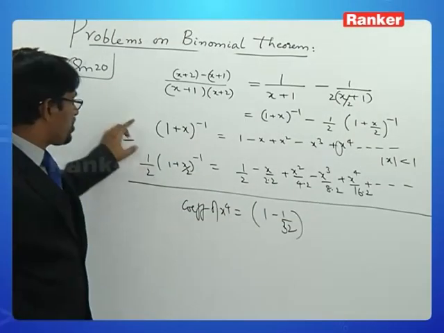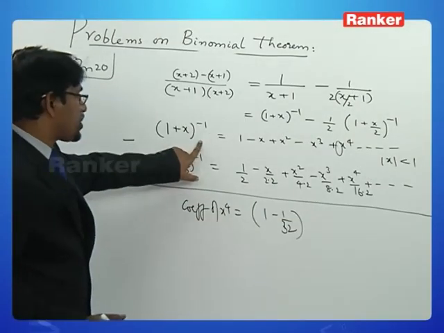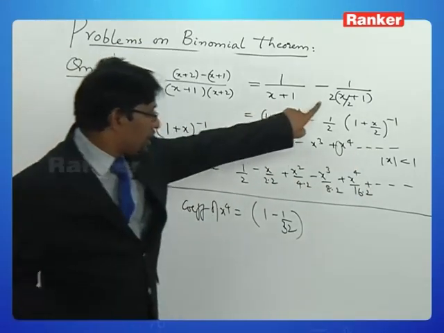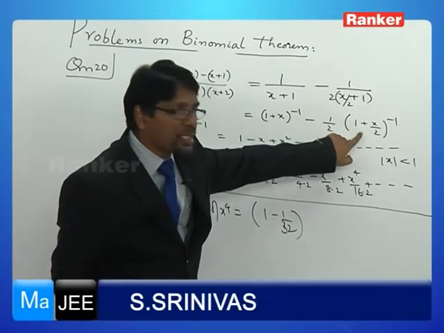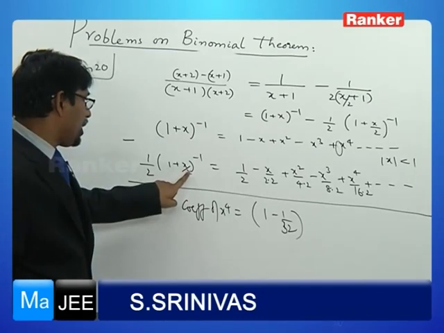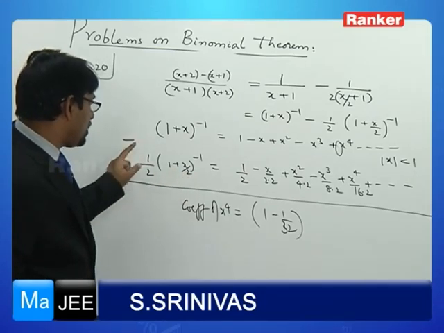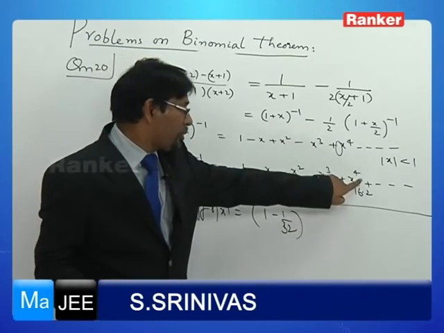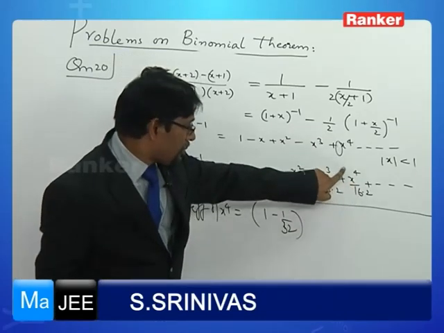So let's get back once more. This is (1 plus x) raised to the power minus 1, which has an expansion like this. And in this part we have (1 plus x by 2) raised to the power minus 1. So we replaced x by x by 2, wrote the expansion, and then multiplied by 1 by 2. We found that the x power 4 coefficient is 1 by 32 here.